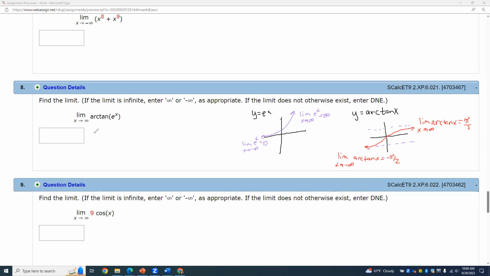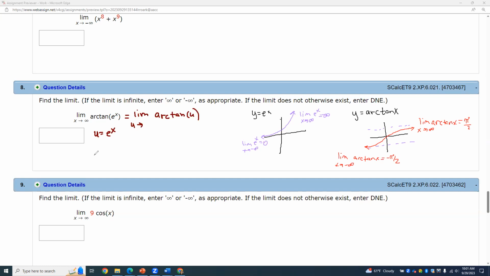So we say u equals e to the x, and we're going to rewrite this original limit in terms of what u is approaching. We'll come back and fill that in after I do some side work.